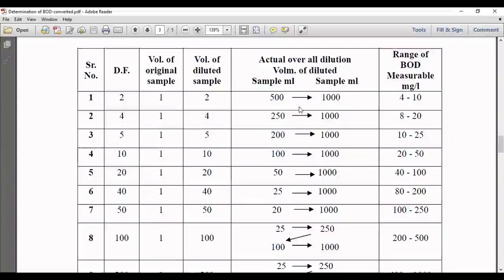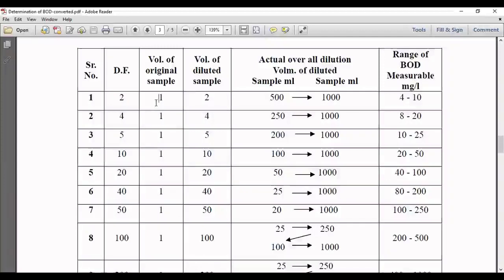The formula for getting the dilution factor is the total volume divided by the volume of the original sample. The total volume is 1000, divided by the volume of the original sample, 500. So 1000 divided by 500 is equal to 2. That is nothing but your dilution factor.